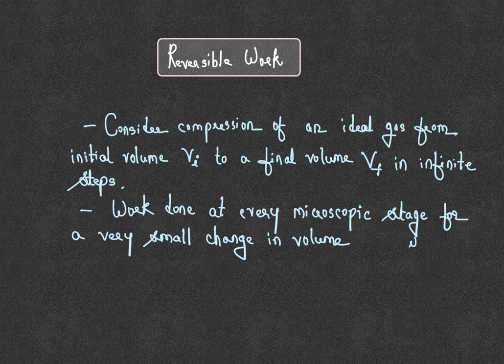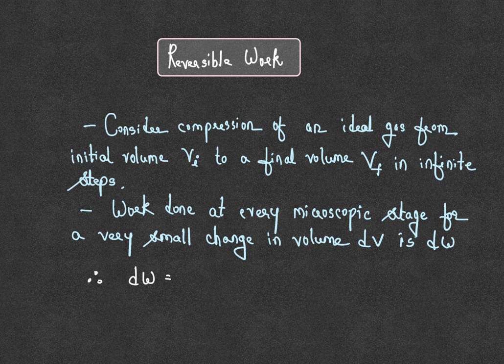For a very small change in volume dV, the work done is dW. Now, dW is equal to... the step in which volume changed by dV is actually an irreversible step.